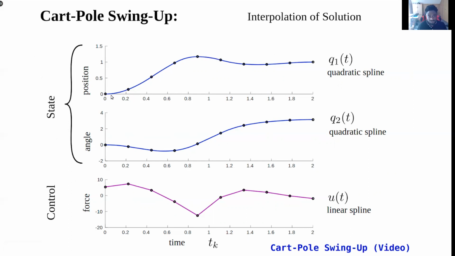Meaning, if you use a cubic spline to interpolate the states, you have to use a quadratic spline, the derivative of that cubic spline, to interpolate the control inputs. But if you use a quadratic spline to interpolate the states, you'd have to use a linear spline, basically lines between consecutive points, for the controls.